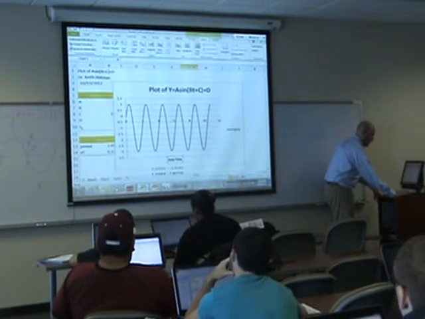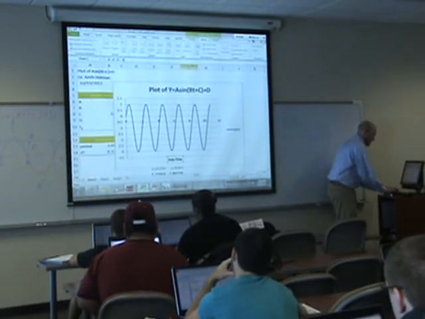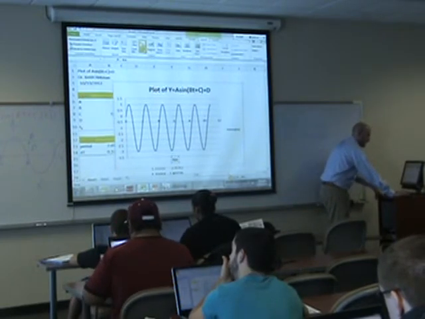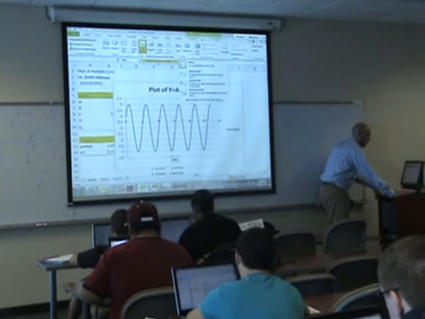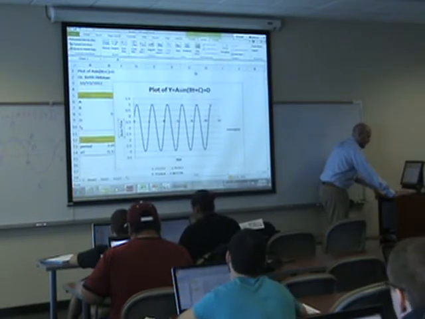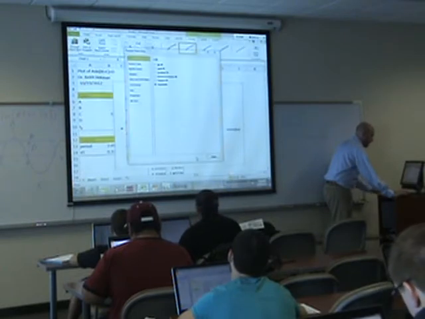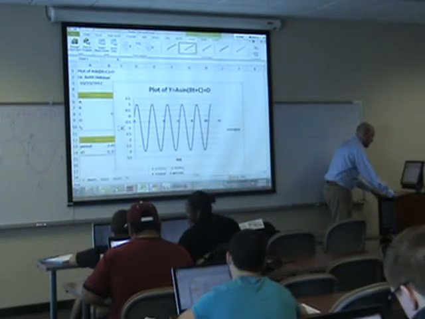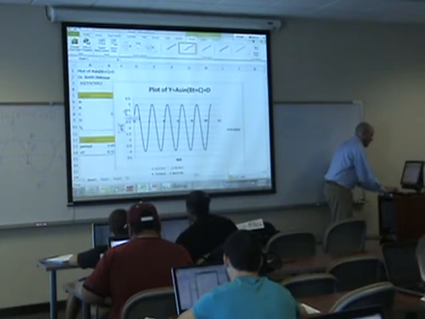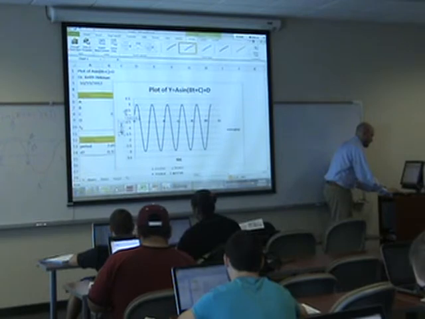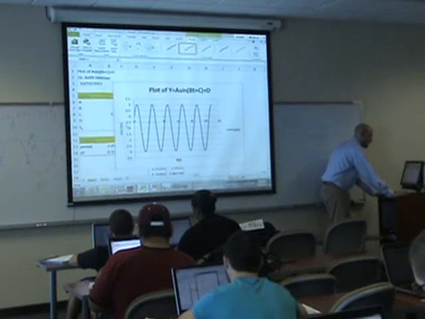Horizontal is below, so this is t in seconds. Again, Axis Titles, vertical axis, rotated title, this is y. Y of t in meters, capital Y. All right, so now we have labeled our axes.